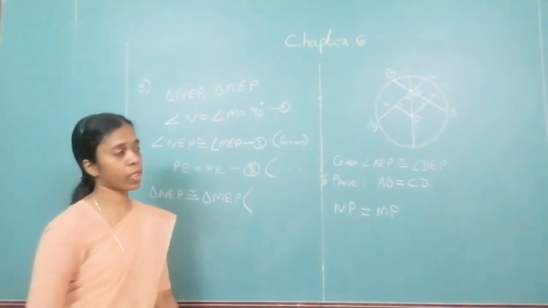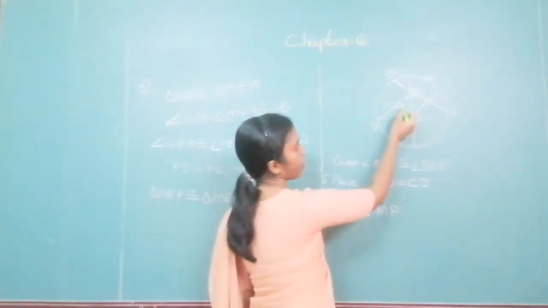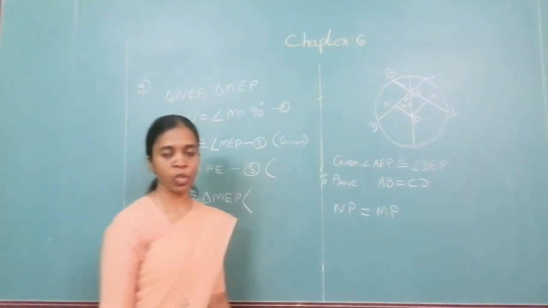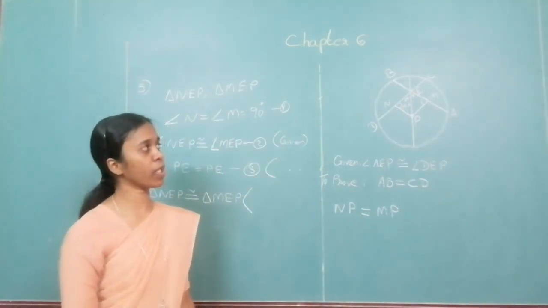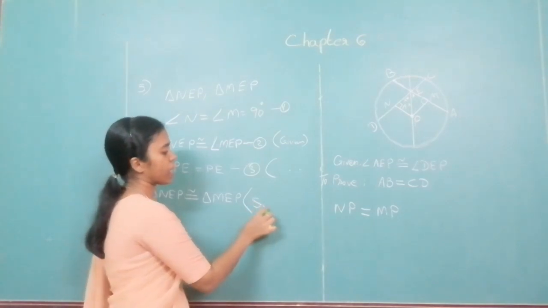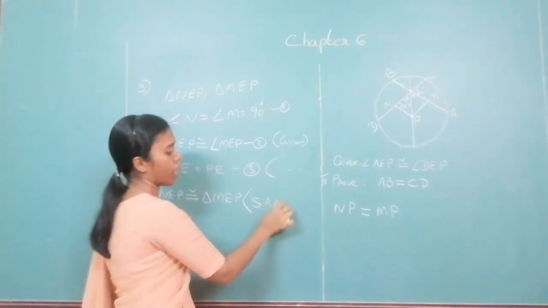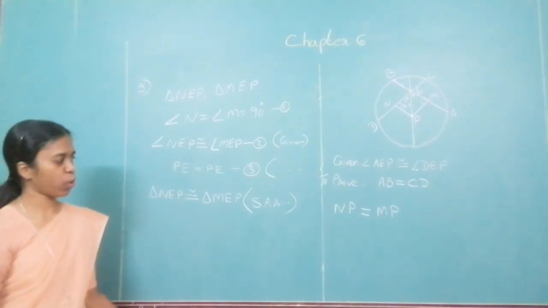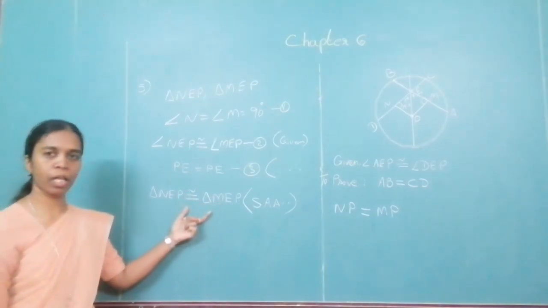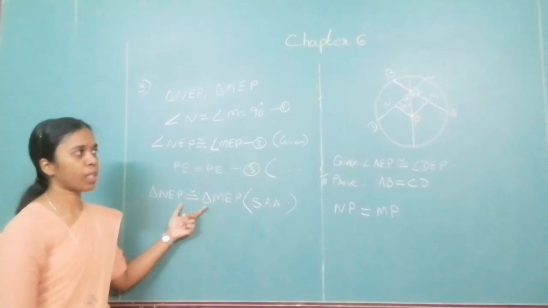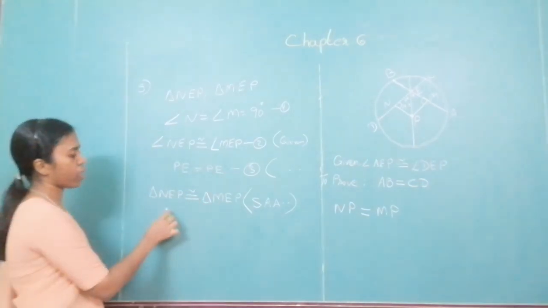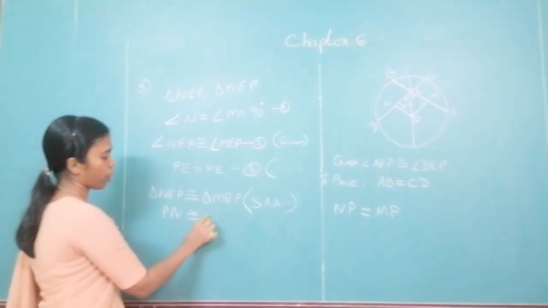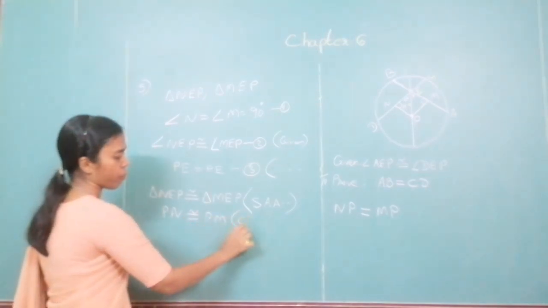By which test? I have here one angle, angle and side. So by which test am I showing that? SAA test. By SAA test, I show that these two triangles are congruent. If the triangles are congruent, then the corresponding sides, that is PN, is congruent to PM.